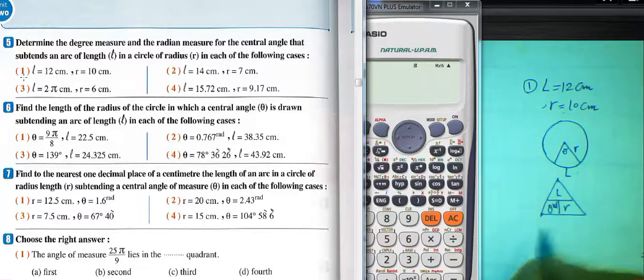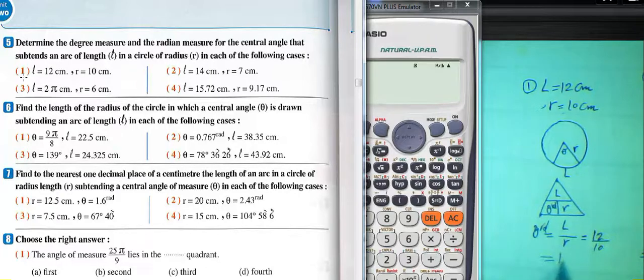Theta radian equals length over radius, L over R. 12 over 10, the result will be 1.2 radian.